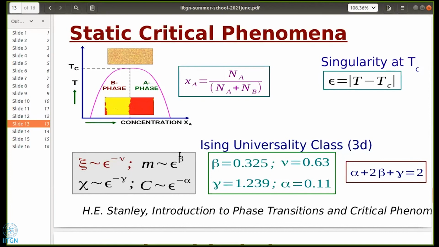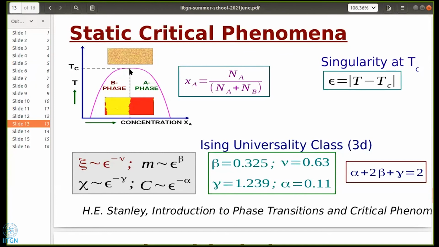These exponents are the ones dictating the singular behavior. First, let's look at M, which is the order parameter or the magnetization. I told you that the order parameter is the difference in the concentrations of the A and B type particles. If you start at a temperature lower than the critical temperature and move towards it, the difference in the concentrations of A and B particles reduces as you approach the critical point.